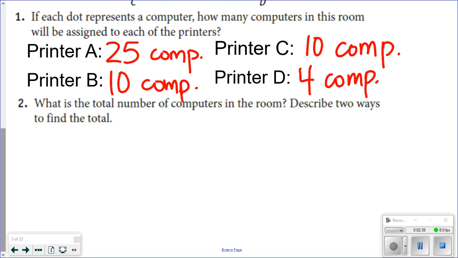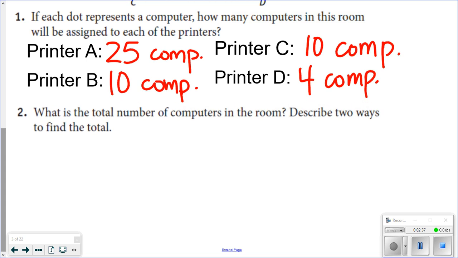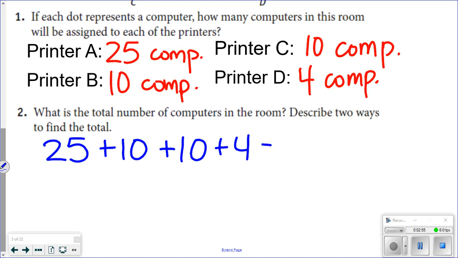What is the total number of computers in the room? So the total that I got was 49. And let's do one way we can do that. So 25 plus 10 plus 10 plus 4 gives us 49. What's another way we could do this though?